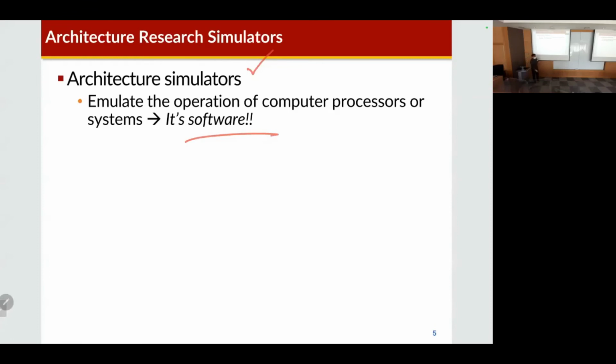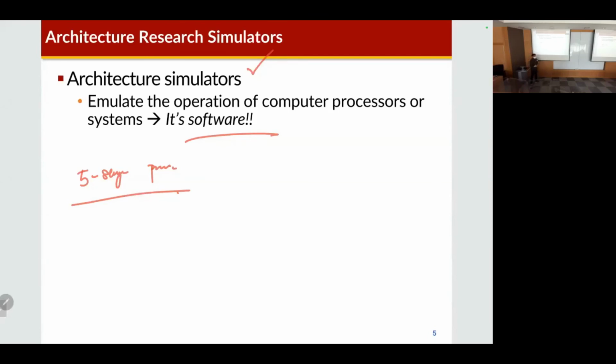What does that mean? Let's think about the 5-stage pipeline processor. In a lab assignment, you are designing the processor with Verilog. It's a hardware description language, like a programming language.